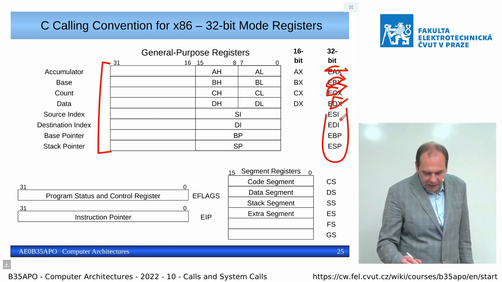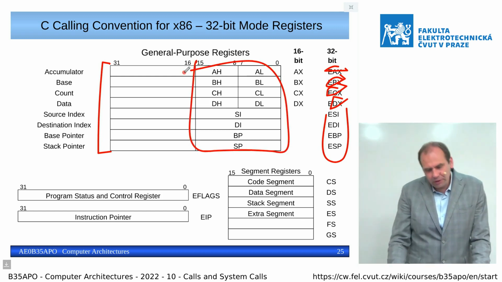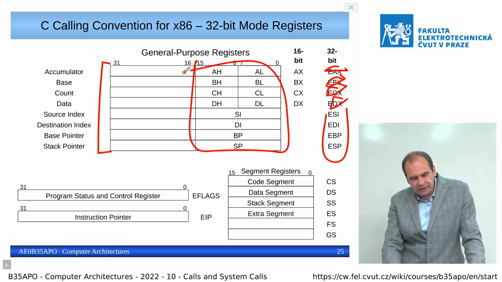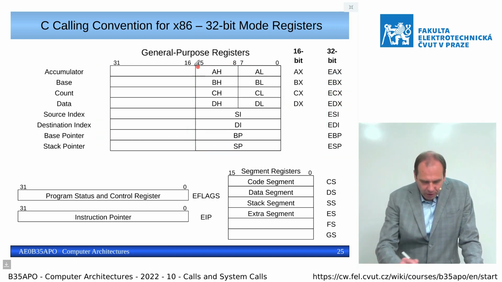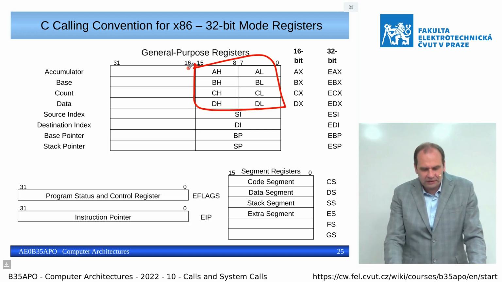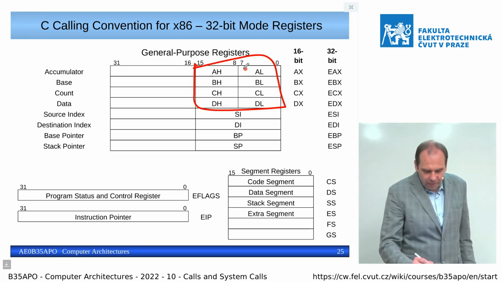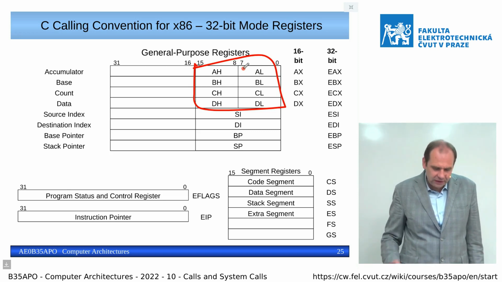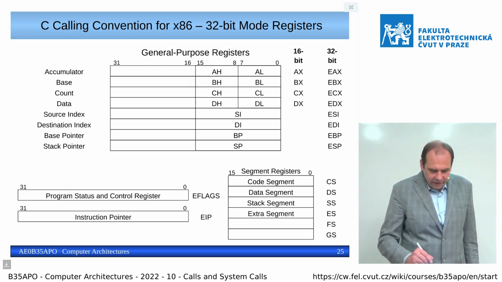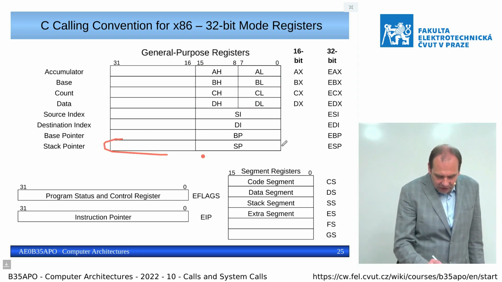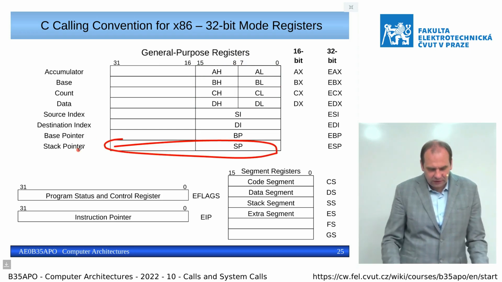All of them can be accessed even as 16-bit, because originally the x86 was in fact a 16-bit extension of an 8-bit processor. So some of those registers can be accessed by halves as 8-bit. So it is quite a non-orthogonal architecture. And in this case, one register is again defined as the stack pointer.